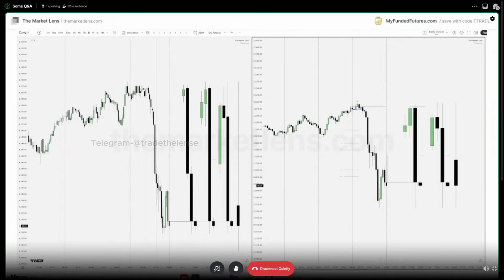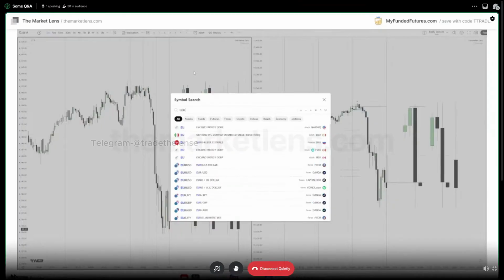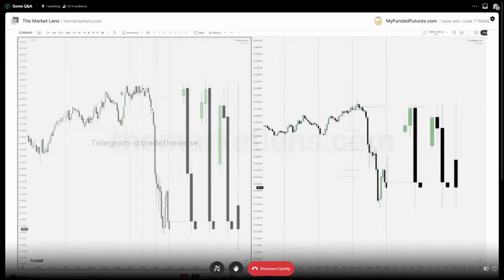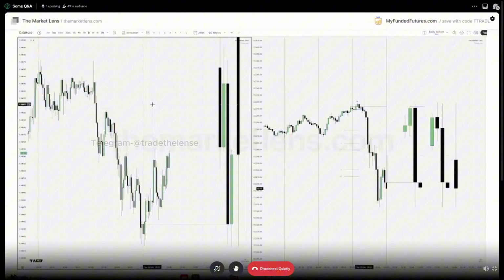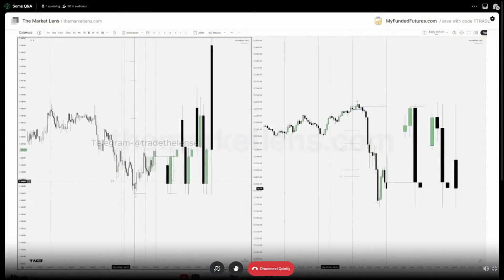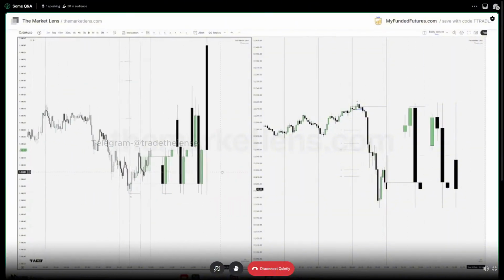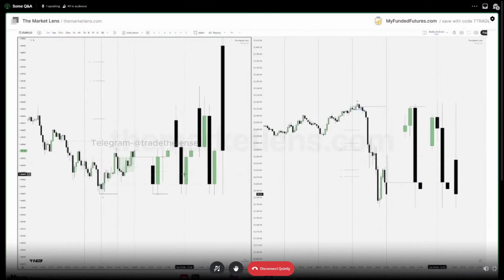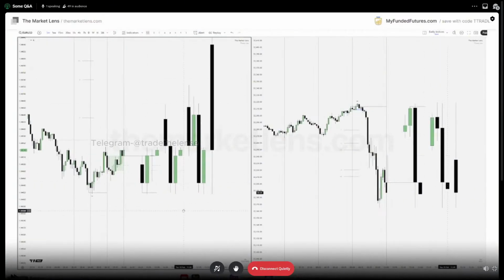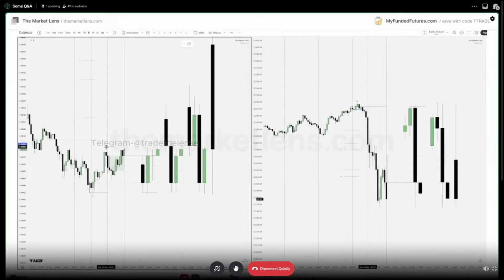At EU. We'll take a look at EU real quick. I mean, it's bullish. The only thing is this is your short-term high. Like that's one of your targets, which is like the candle two, which is a little bit weird.